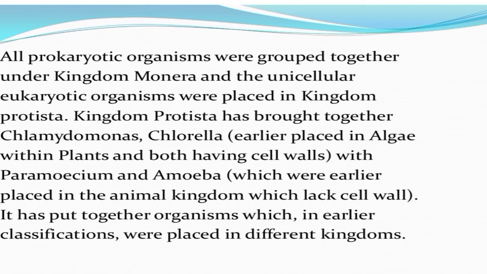There are certain demerits of the five-kingdom classification, like: protozoans have been included in kingdom Protista, which also includes unicellular plants. They show different modes of nutrition. Chlorella and Chlamydomonas, though unicellular, are included under the kingdom Plantae.